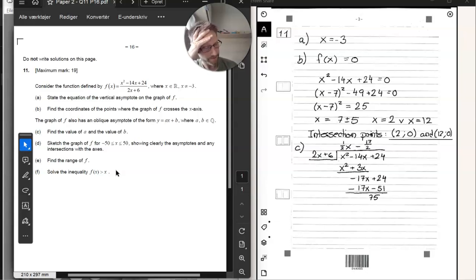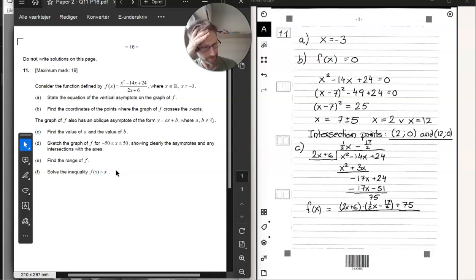So the conclusion on a polynomial division is that f of x, you can replace the numerator, which was x squared minus 14x plus 24, with (2x + 6) times (1/2 x minus 17 over 2) plus the remainder, that is 75.